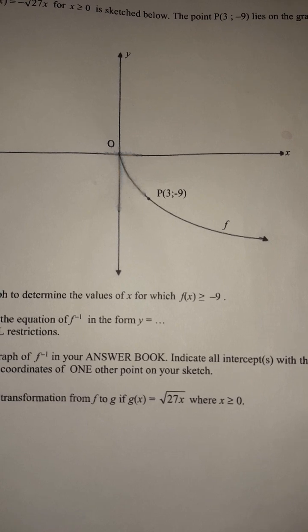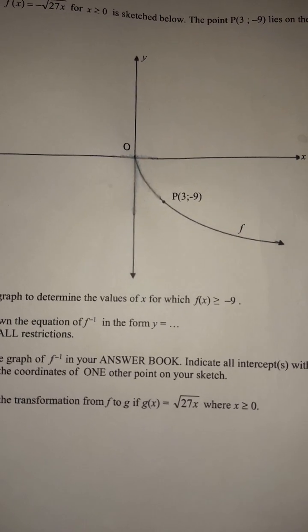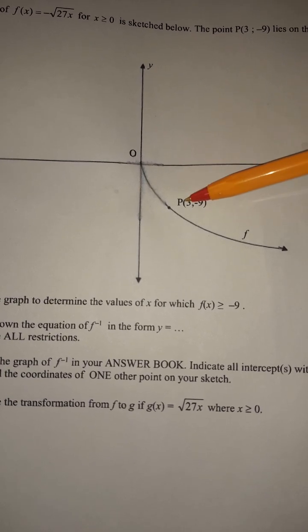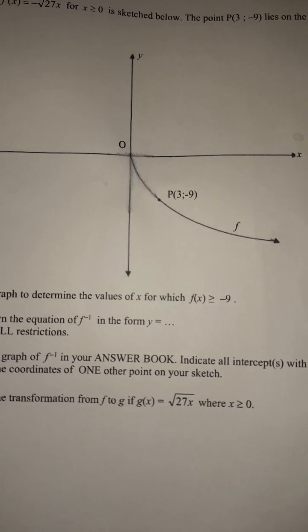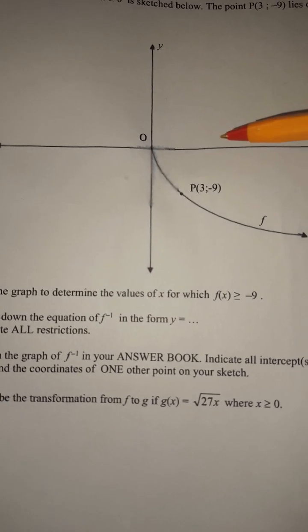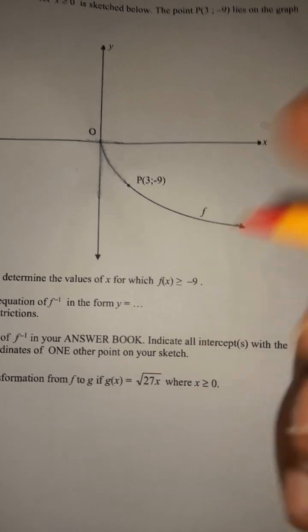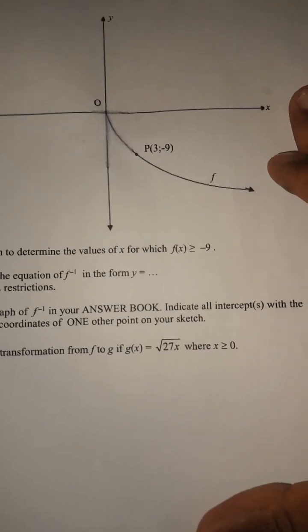Right, the simplest way, some can take this part and solve for x, but that will also give us this value of 3. Since they said use the graph to determine, we are going to use the graph. We need to leave our answers in inequality form.